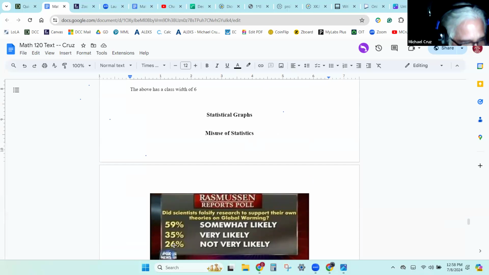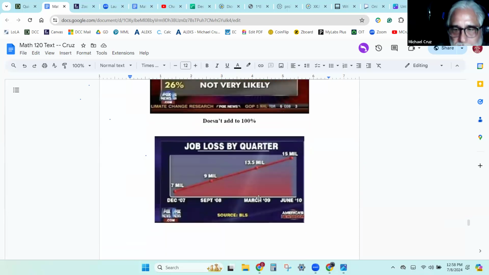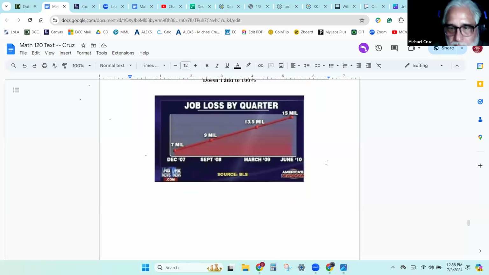So if everybody doesn't add up to 100%, something's not right. On this right here, they make the scale where it's not even all the way across, so that this relationship makes it look like it's a more straight linear relationship. And that is one of the things they'll talk about over there.